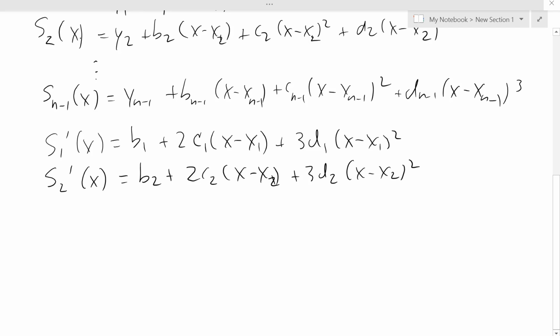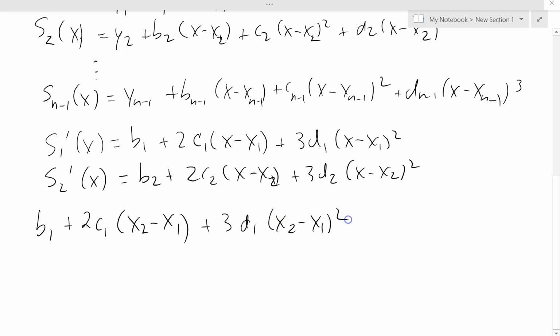All right. So again, we're going to plug x2 into each of these. This last one, we're going to get b2, right? That's all that's going to be left, isn't it? So we'll have b1 plus 2c1 times x2 minus x1 plus 3d1 times x2 minus x1 squared.